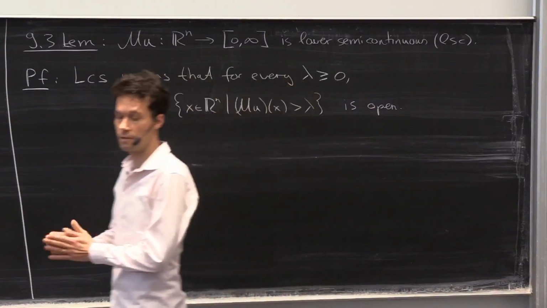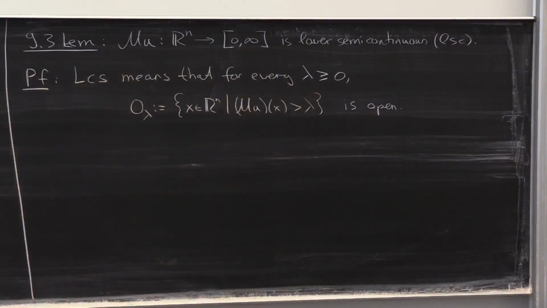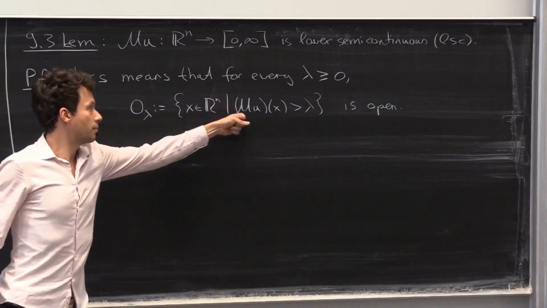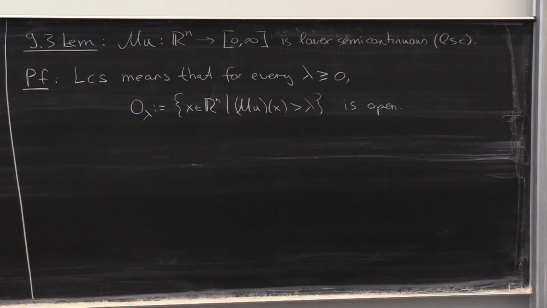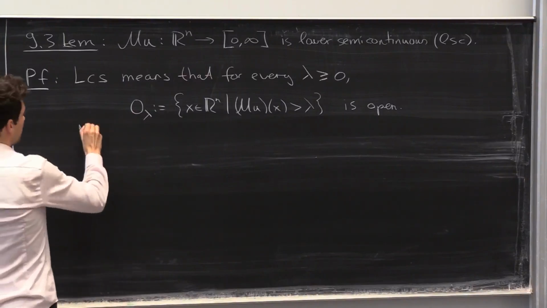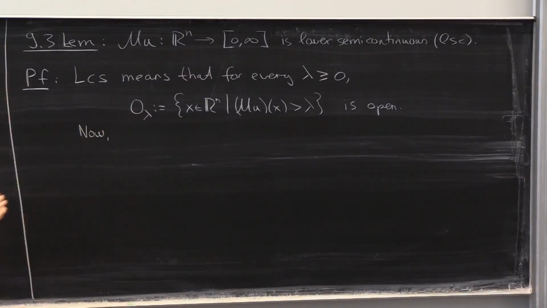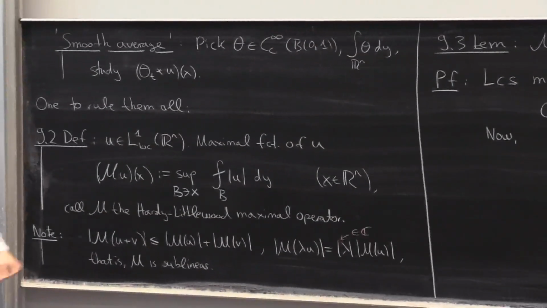This is the definition of lower semi-continuity and it is equivalent, because it means that the pre-images of these open intervals from lambda to infinity, for every lambda, are open. But it's a little bit better. Now, you're going to see in this proof why working with this uncentered maximal function, because B is not centered in x, sometimes allows for particularly easy arguments.